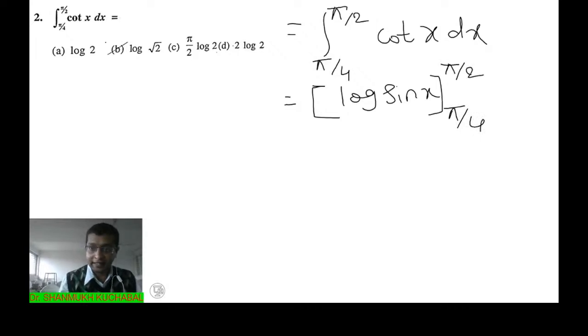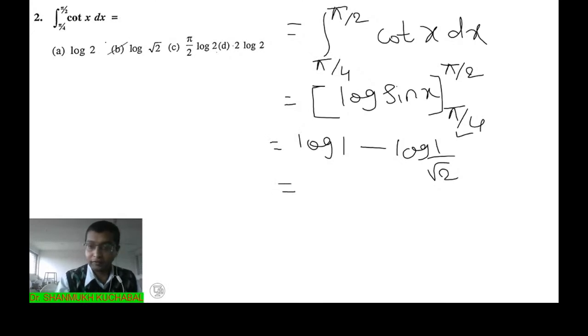Now we take the value of x equal to the upper limit, that is log of sin pi by 2. Sin pi by 2 is sin 90 degrees, which is 1. Minus the value at the lower limit, that is log of sin pi by 4, which is 1 by root 2. So further, log 1 is 0.